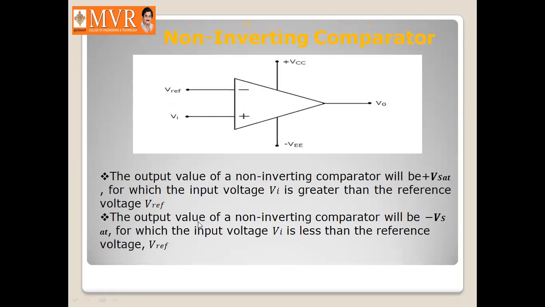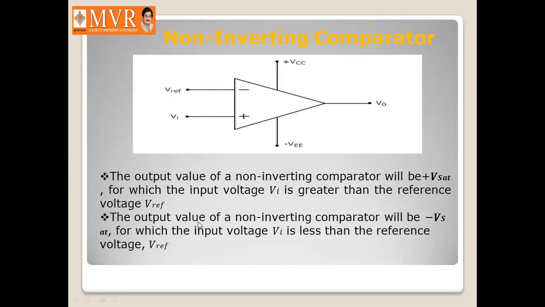Coming to the non-inverting comparator, here we are giving the input signal to the non-inverting terminal of the operational amplifier. The comparator function is nothing but that the output must change whenever the input is greater than or less than a reference voltage.